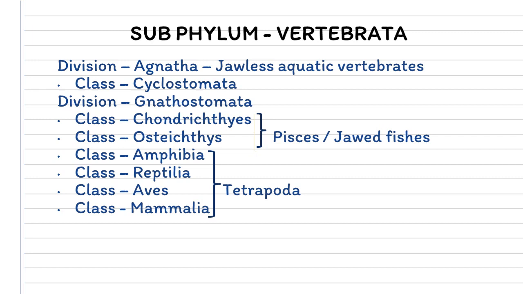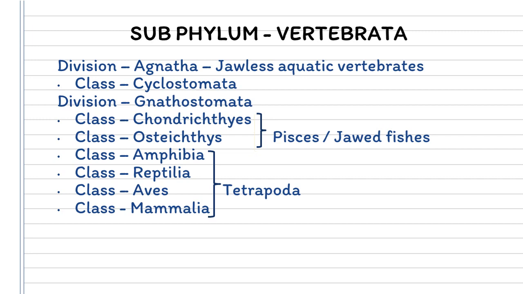The rest 4 classes, Amphibia, Reptilia, Aves and Mammalia, are known as Tetrapoda. Why is it known as Tetrapoda? Because tetra means 4, so it has 4 limbs. From Amphibia to Mammalia, 4 limbs are there. Hence it is known as Tetrapoda.